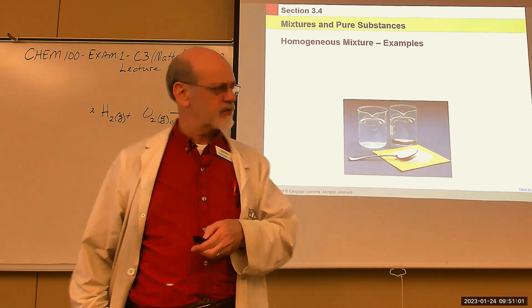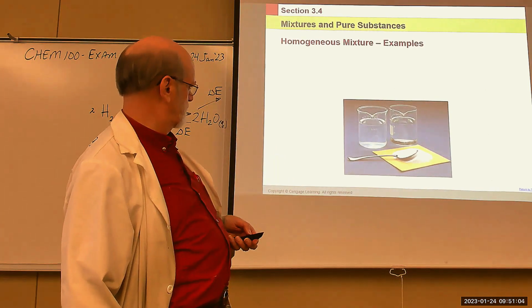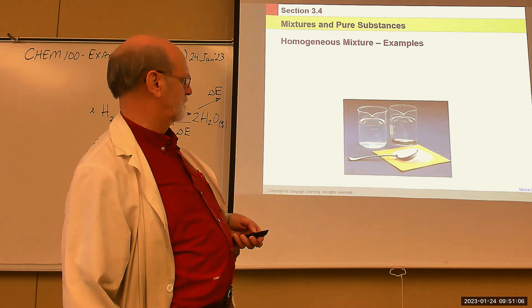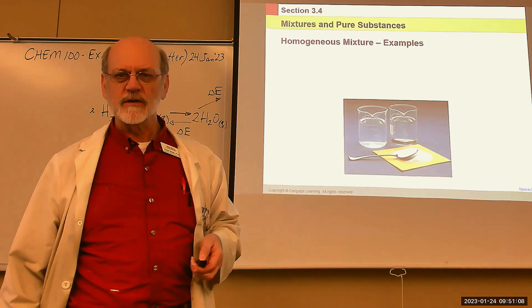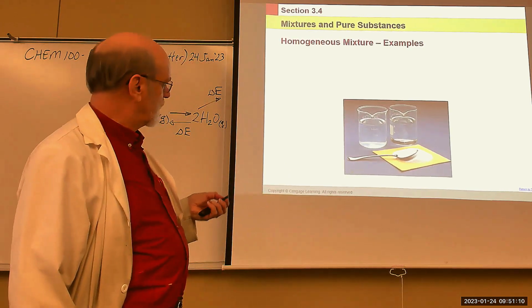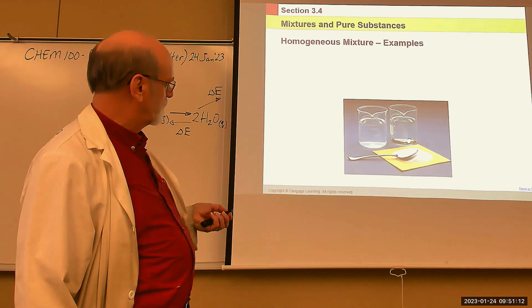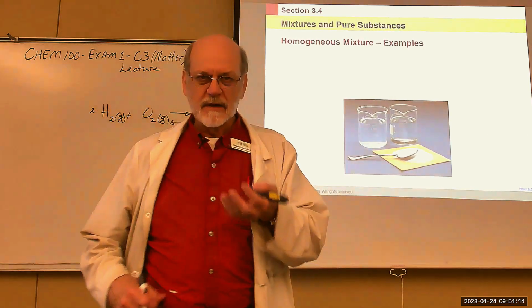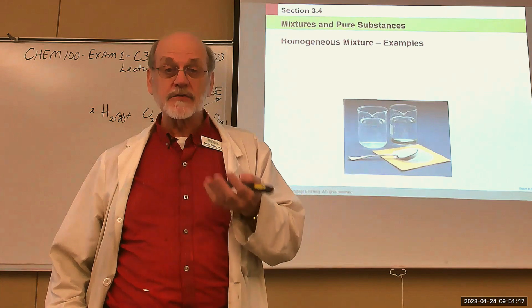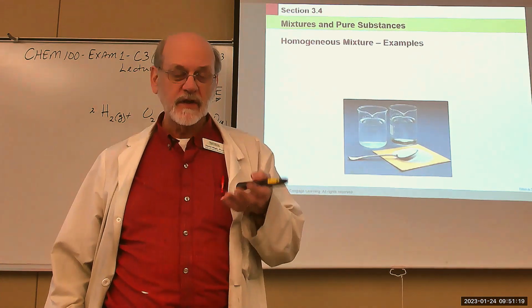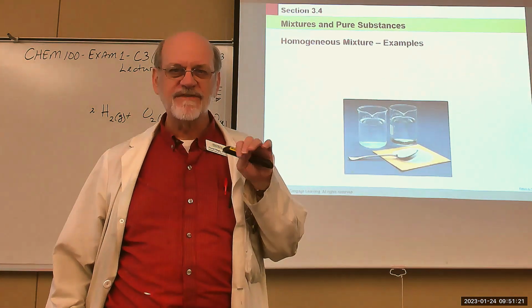Here's an example of a homogeneous mixture where we put in what looks like sugar, it could be salt. I bet it's sugar because of the change in color. Once you get large amounts of sugar dissolved in water, the color tends to turn a faint amber.